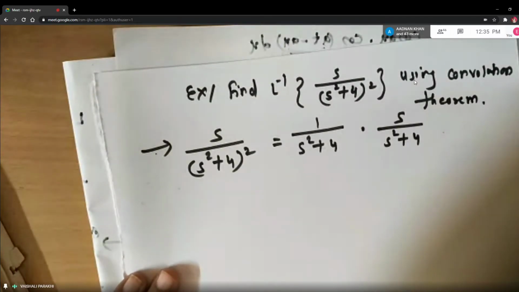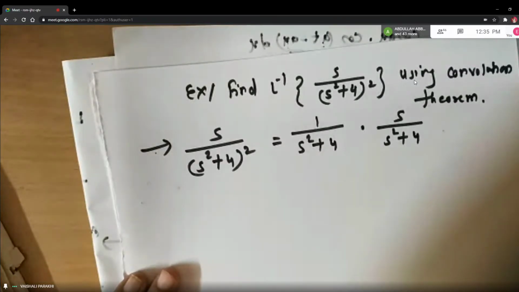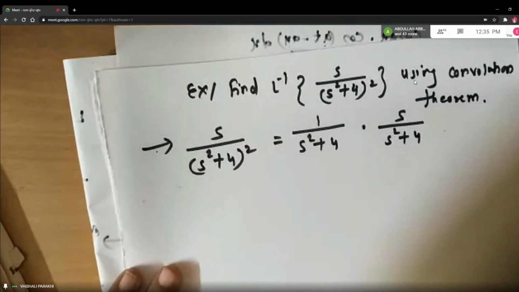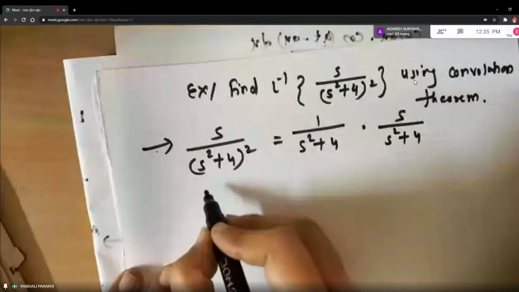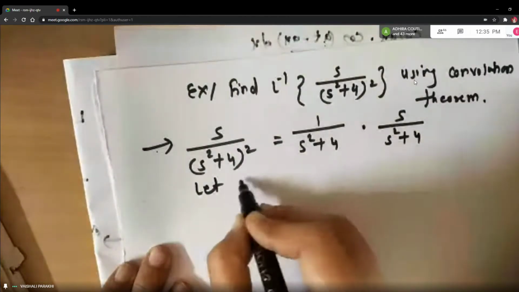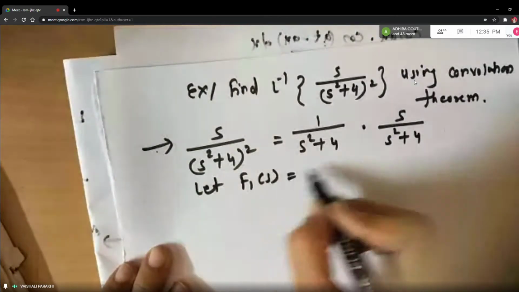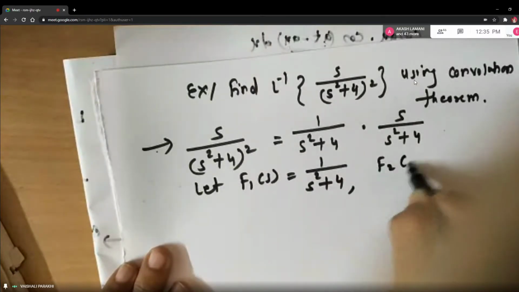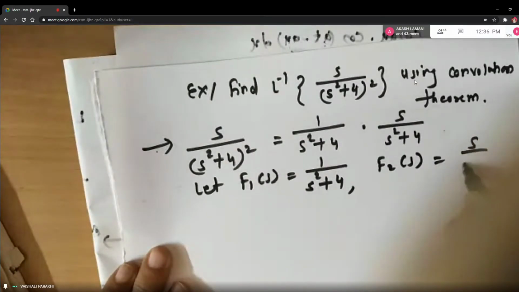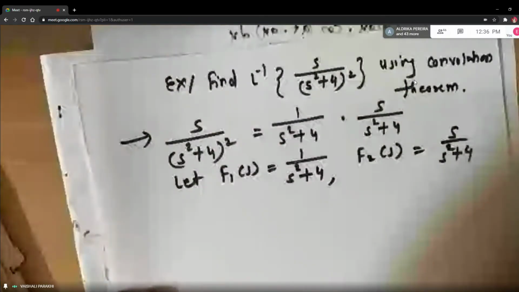All of you understood this? Now, what is the second step? Denote the first term by f1 of s. So f1 of s is 1 upon s square plus 4, and denote the second term by f2 of s.